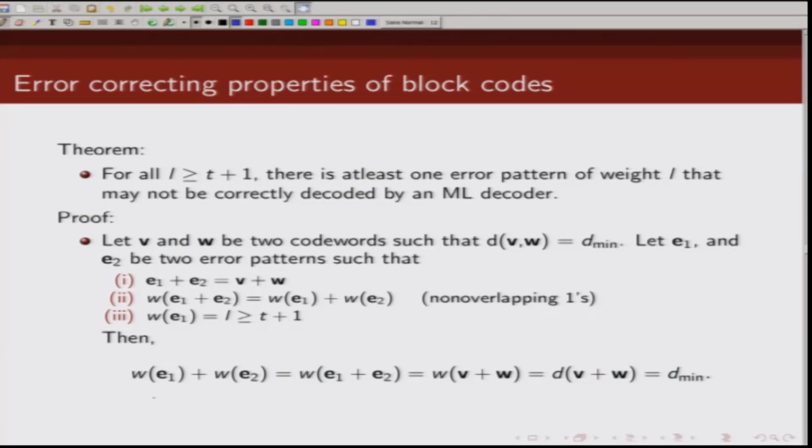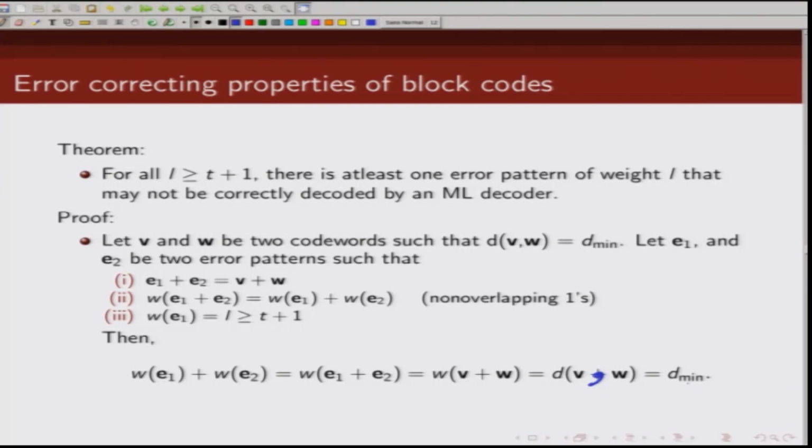So, the way we have chosen our error pattern, the weight of E1 plus the weight of E2 is given by the weight of E1 plus E2, this is from 2, and from 1 we know E1 plus E2 is nothing but v plus w. So, this is the same as the weight of v plus w, and this is nothing but the Hamming distance between v and w, and we have said the Hamming distance between v and w is the minimum distance.